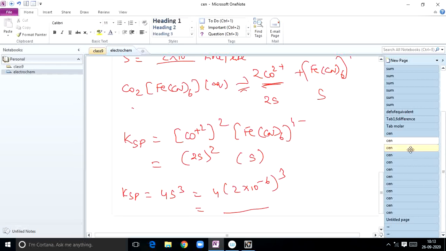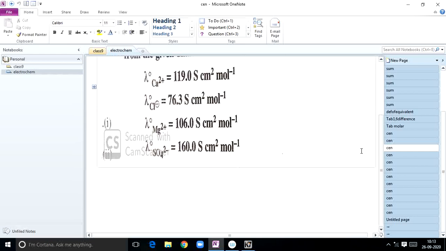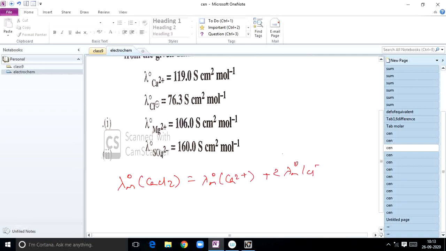Next, lambda m naught of calcium chloride and MgSO4 from the data given. Come on, quick. Total data is given and you have to apply Kohlrausch law. Very easy, direct, students. Lambda m naught of CaCl2 can be written as lambda m naught of Ca2+ plus 2 into lambda m naught of Cl minus. Substitute directly: lambda m naught of Ca2+ is 119, plus 2 into 76.3.